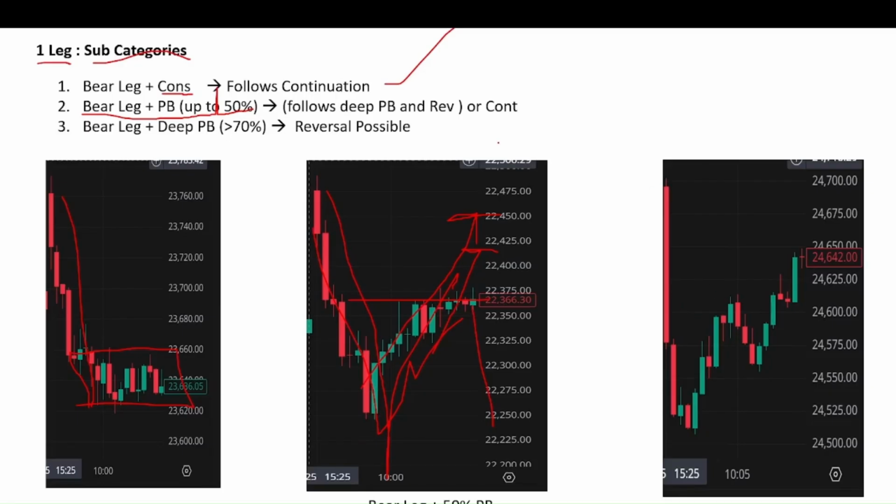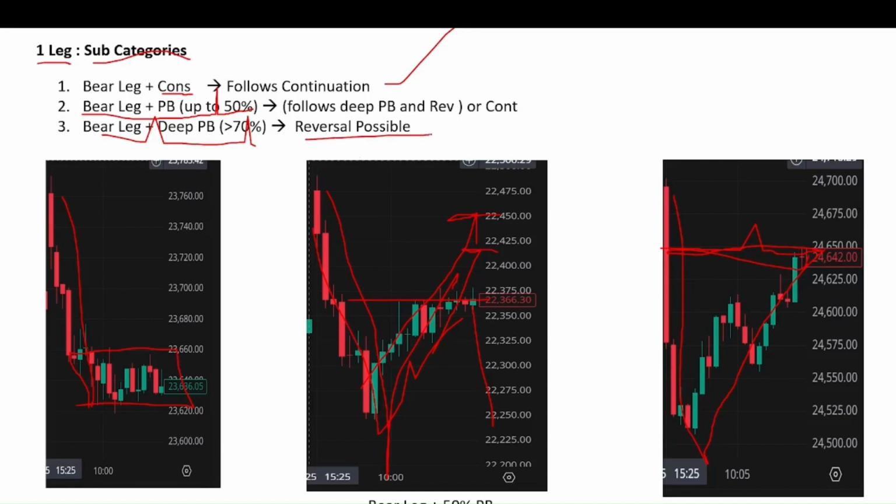And the third category is bear leg and deep pullback has happened by 10:50 itself. This is the example: bear leg and pullback by bulls. It has retraced almost 70% of the bear leg.